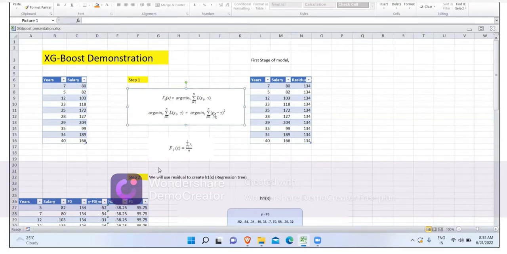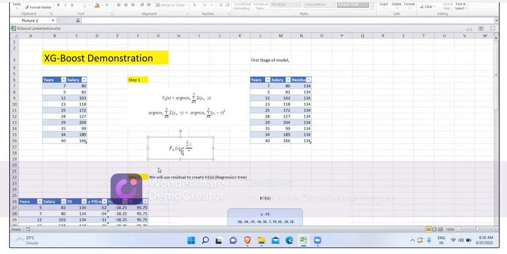This is the mathematics part. If we take the differential of the equation, we can find the minimum of that particular function. This function is the square loss function. If we differentiate with respect to gamma, we will find the exact minimum where the function is minimum.